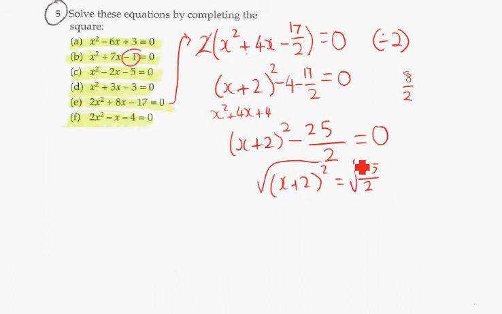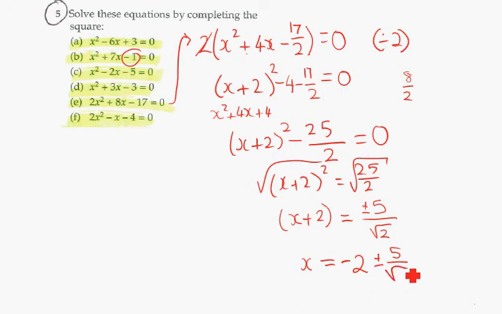Square rooting both sides, x plus 2 equals, now the square root of 25 exists quite nicely, so that would be 5, plus or minus 5 over root 2, which doesn't exist nicely. So x will equal negative 2 plus or minus 5 over root 2.